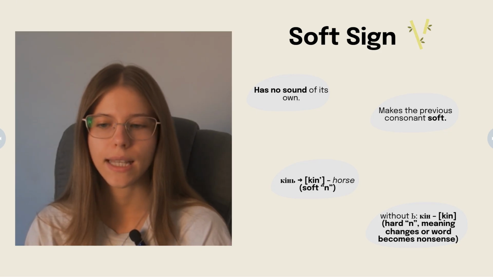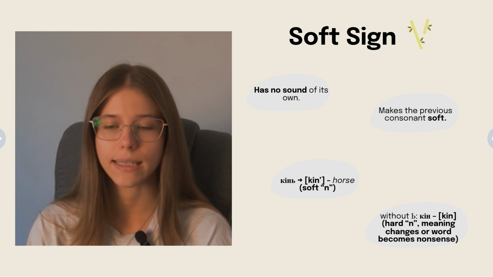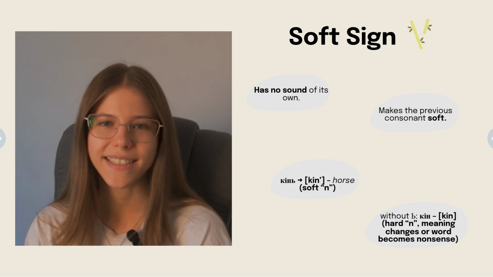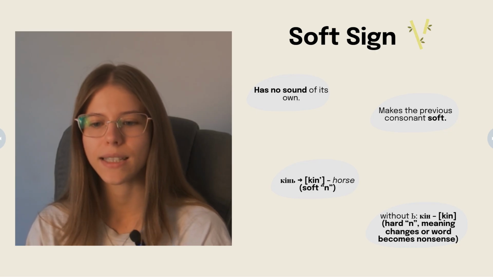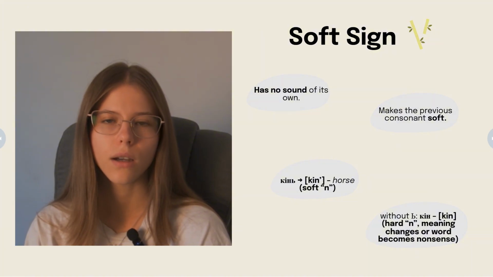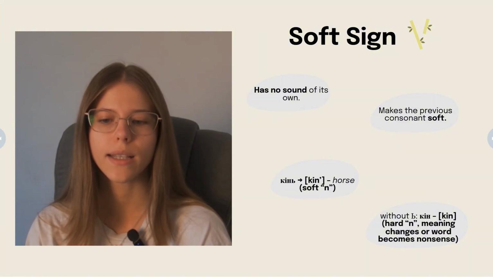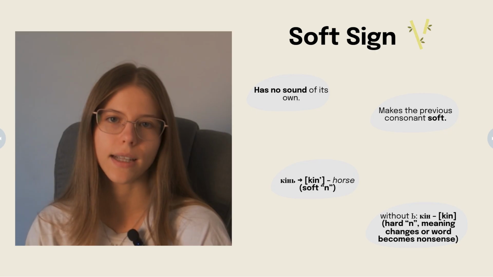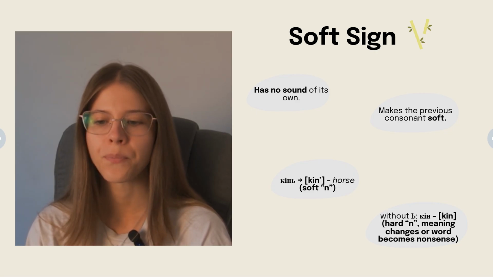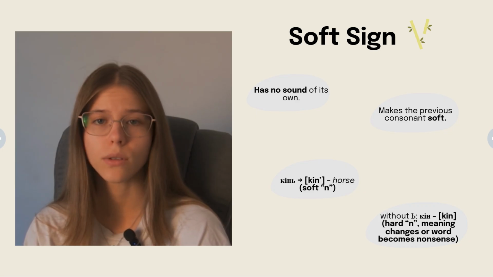As you see on the slide, it makes the previous consonant soft, and let's listen how it sounds. So the word кінь, horse, we pronounce н at the end, and that's how the soft sign affects the consonants.